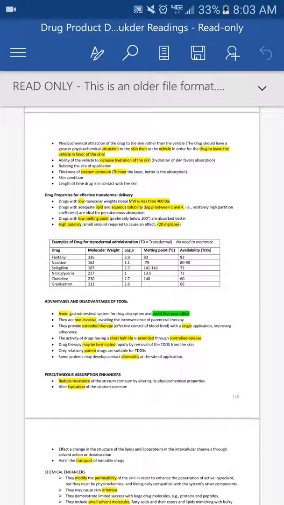So you want it to leave the vehicle in favor of the skin, but you want the skin to be dry enough for the drug itself or the vehicle to hydrate the skin. So if the vehicle's hydrating your skin, you don't have anything to worry about really. In order for the drug to leave the vehicle in favor of the skin, the vehicle should hydrate, which favors absorption.